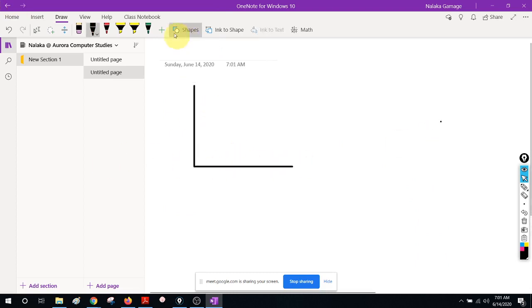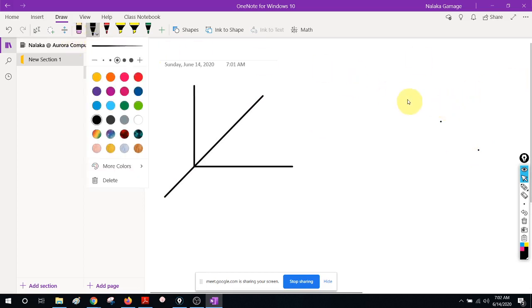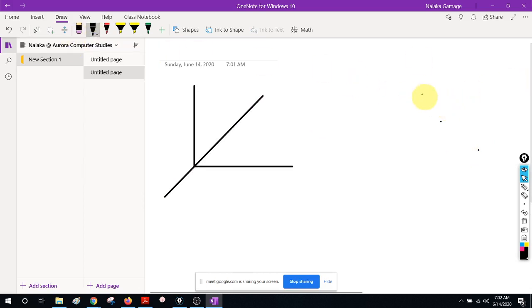Now assume that our function is the y equal x function. That's something like this. So this is x, this is y, this is y equal x.